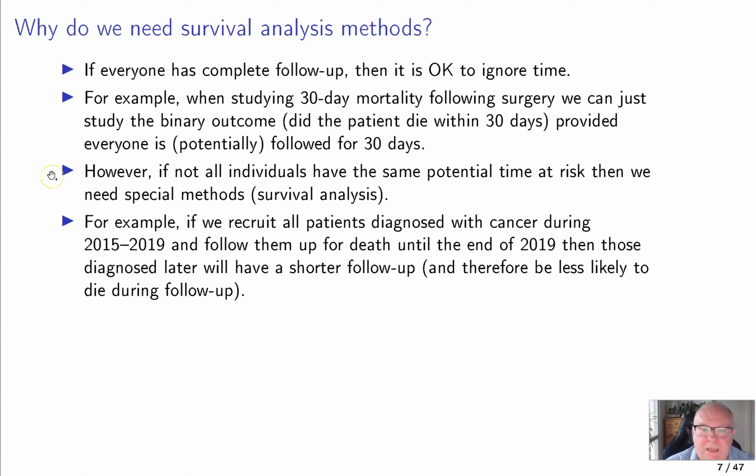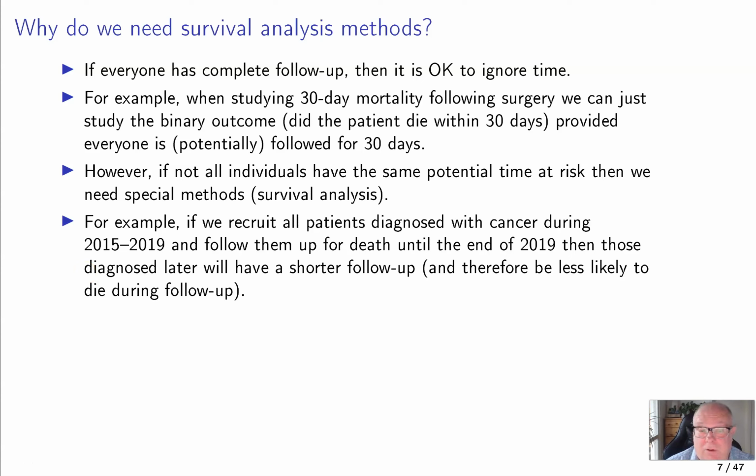However, if not all individuals have the same potential follow-up time, then we need special methods. For example, if we recruit all patients diagnosed with cancer during a 5-year period from 2015 to 2019 and follow them up for death until the end of 2019, then those diagnosed later will have a shorter follow-up and therefore be less likely to die during the follow-up.